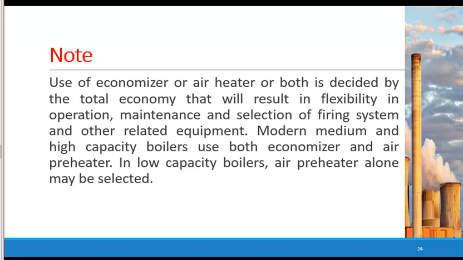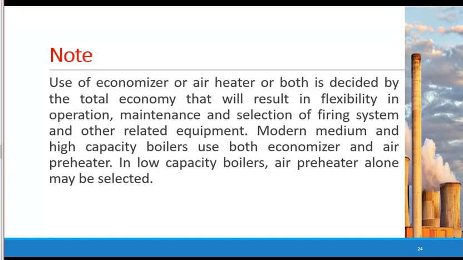Therefore, it is not necessary that if one mechanism is available, for example if the economizer is available, the feed water preheater, which is using the bled steam, cannot be used.